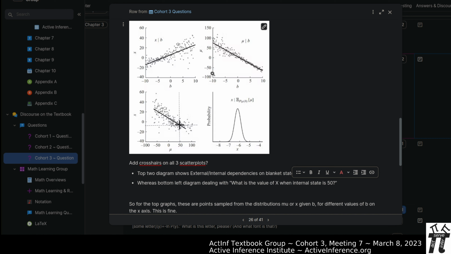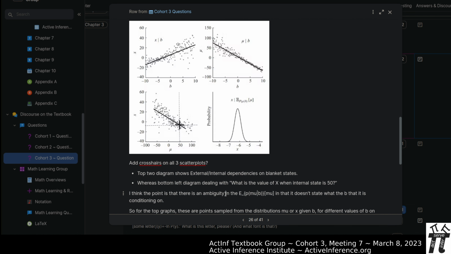So I'm not sure where we diverge in our conclusions, but this figure as it is somehow makes more sense to me than if there are added crosshairs in the top two diagrams.